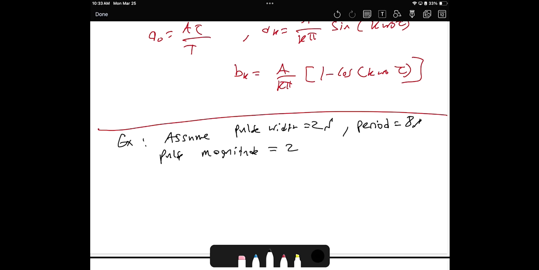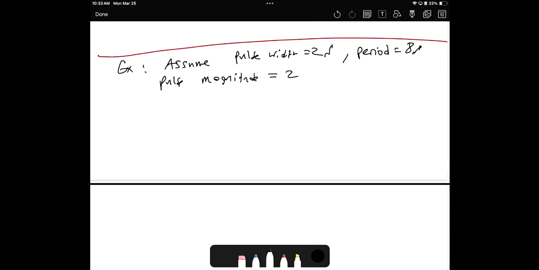So with this situation, we have the period T equal to 8, the pulse width tau, and the pulse magnitude A equal to 2. Okay? Now, let's plot this function. We need to plot it using MATLAB.